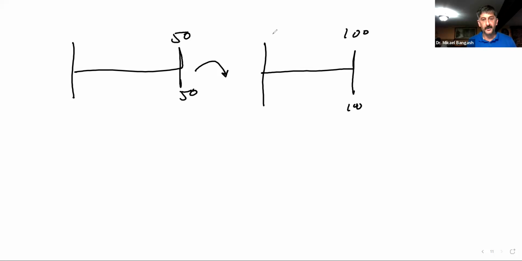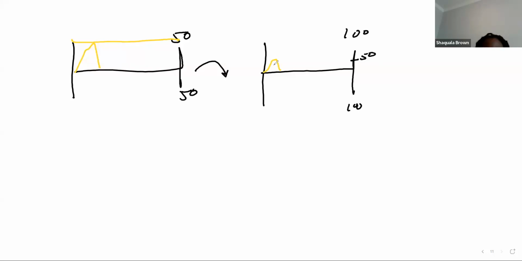The graph at first was 50. Now on your scale here, 50 will be somewhere here. So that velocity, which was 50 centimeters, is going to produce a graph like this, right? Okay, yes, I understand now. Did that make sense? Yes. Good.